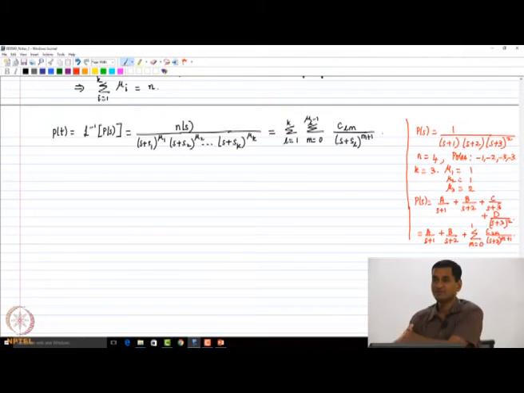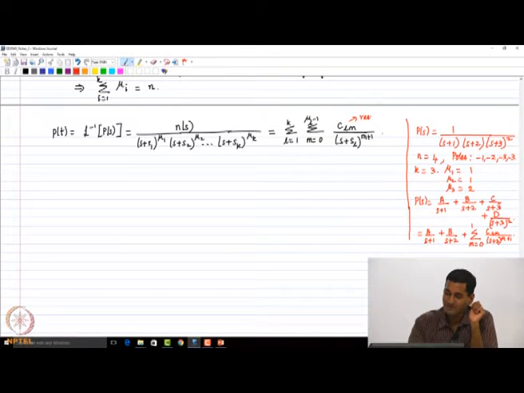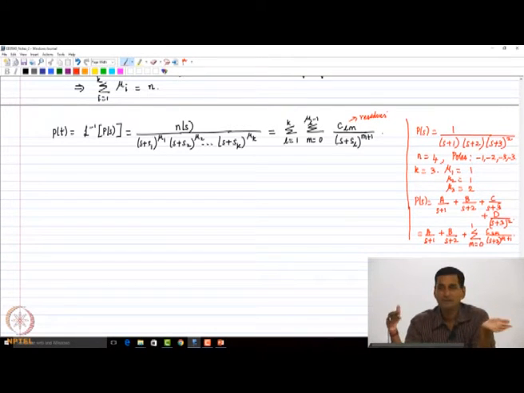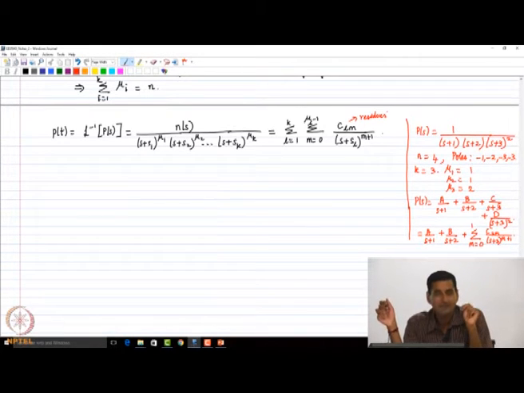If you expand, you will get 2 terms. So the C_LM are the residues. I am just putting 2 indices because I have 2 summations. What I called A, B, C, D, I am just calling C subscript LM. That's just the change in notation, because I have 2 indices L and M. I hope it's clear how we got it.